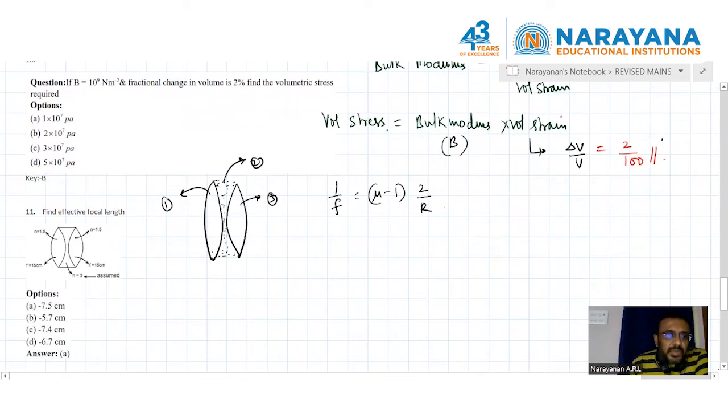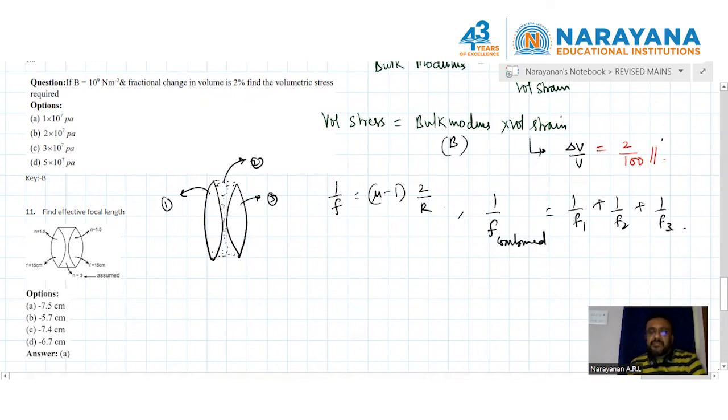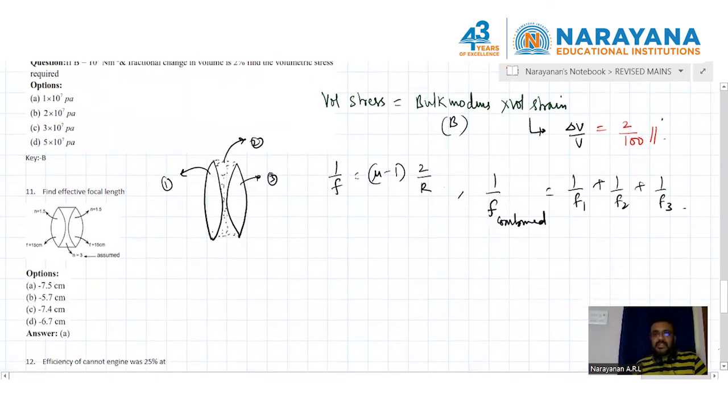You know the value of mu and you know the value of r. After calculating these values for focal lengths, for the effective focal length, 1 by f equals 1 by f1 plus 1 by f2 plus 1 by f3. So apply this relation to calculate the focal length and use it in this relation to get the required result.